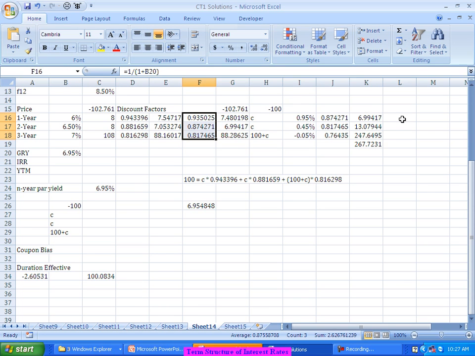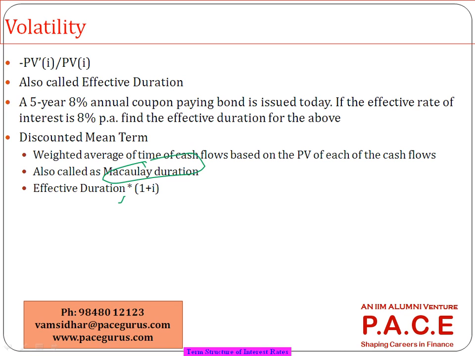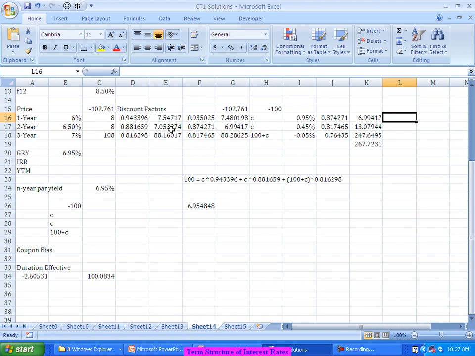Actually, it is the weighted average on the present values of the cash flows. So these are the weightages. Based on these weightages, we will multiply this by 1, this by 2, this by 3, and divide by the sum of these three.